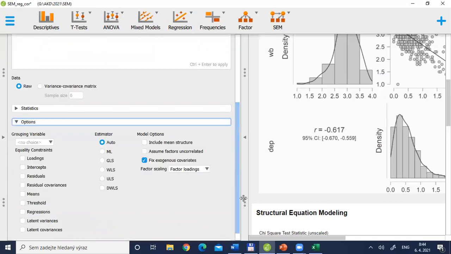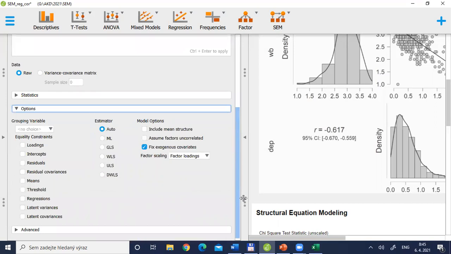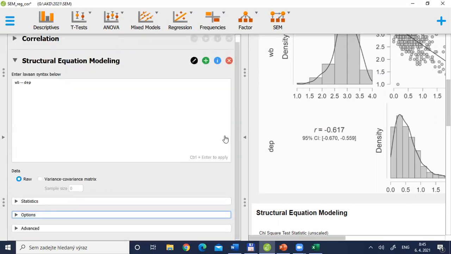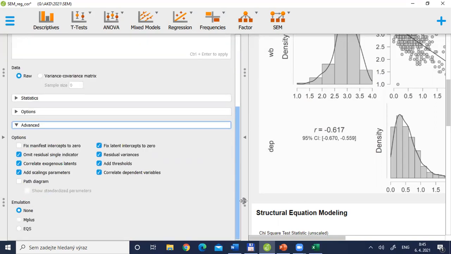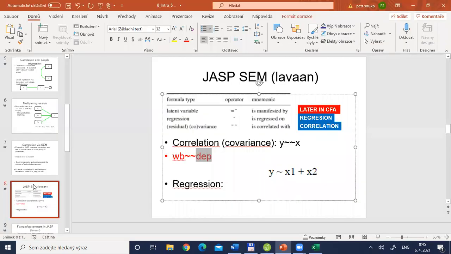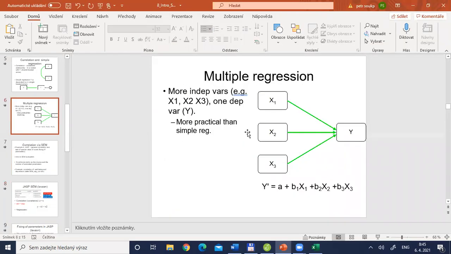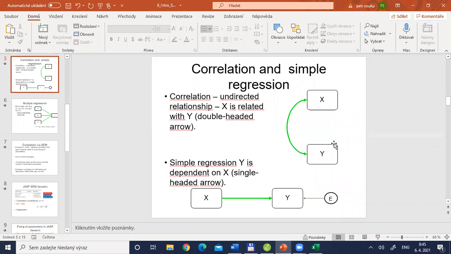I guess we don't need any special options currently, so we can skip this and go into advanced. And I guess that for this advanced, you can only ask for the picture, which is path diagram. So it means that JASP will prepare for you some picture that would be similar to this picture. So you can ask for path diagram.